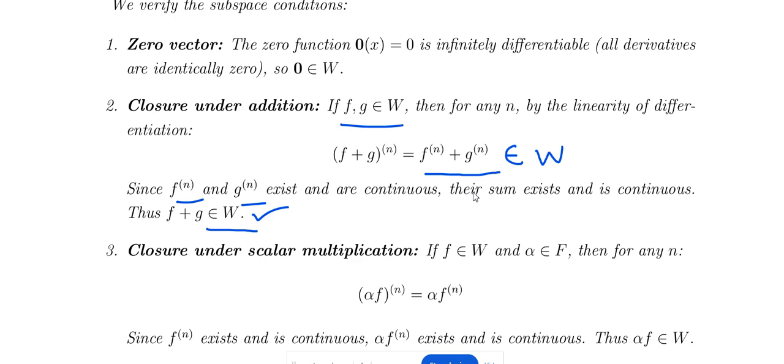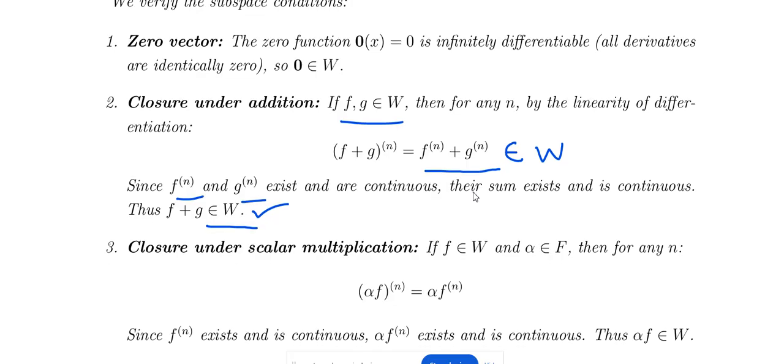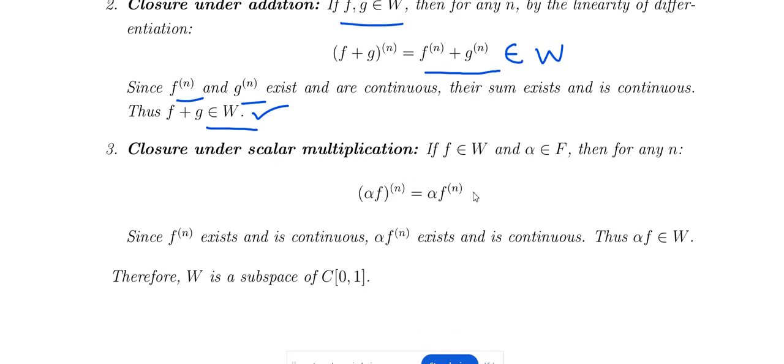Closure means f, g belongs to W implies f plus g is in W. The same way for scalar multiplication, alpha f belongs to W, where alpha is any element of the field F.